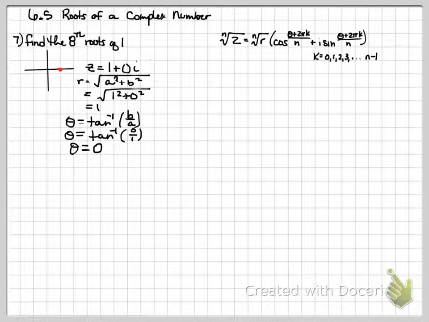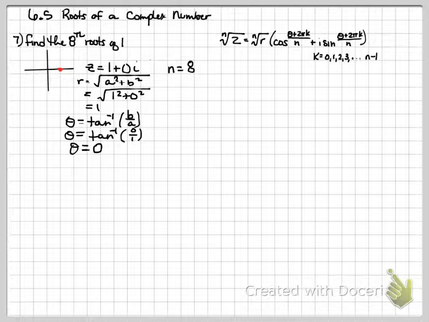Now, looking at the formula, I've written it on the page here to the right. Since we're doing the eighth roots, our n is equal to 8. So we're going to be doing the eighth root of r times the cosine of theta plus 2 pi k over n, plus I sine of theta plus 2 pi k over n.